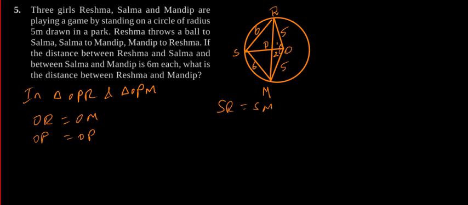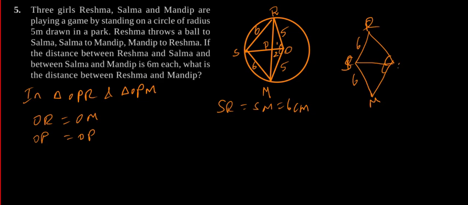SR and SM are both 6 cm, so both chords are equal. This is R, this is S and this is M. So SR is the first chord and SM is the second chord. Both will make equal angles at the center. So angle 1 equal to angle 2.